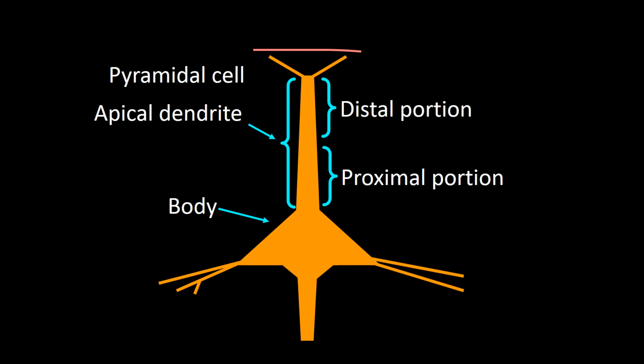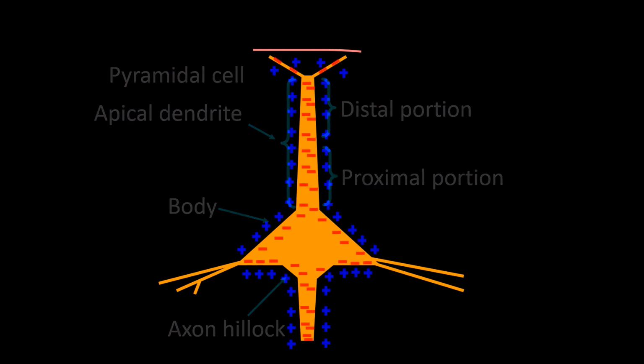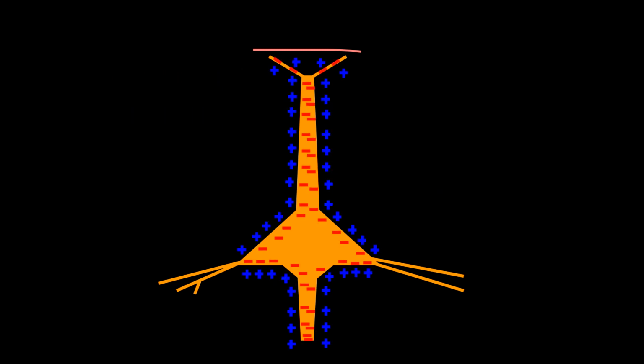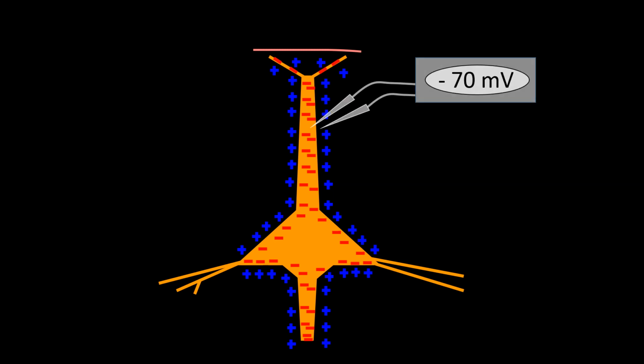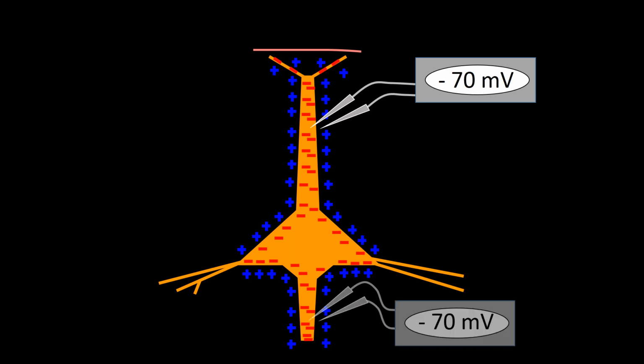the neuron body, and the axon hillock or initial segment. I have now represented a resting membrane potential, emphasizing the distribution of charges, which I have represented at minus 70 millivolts at the dendrite and at the axon.